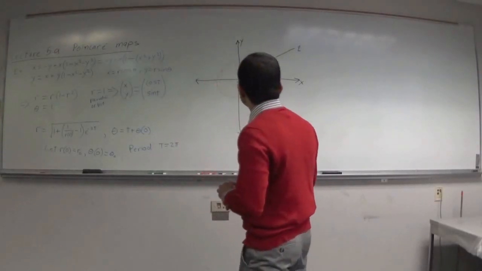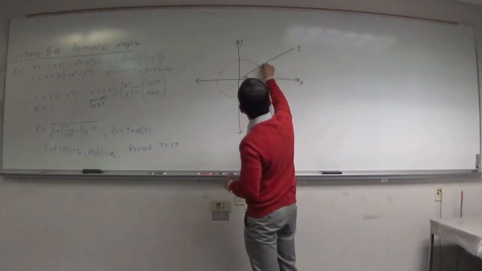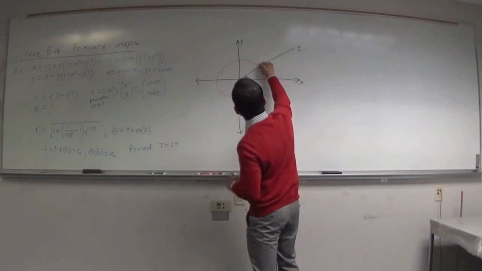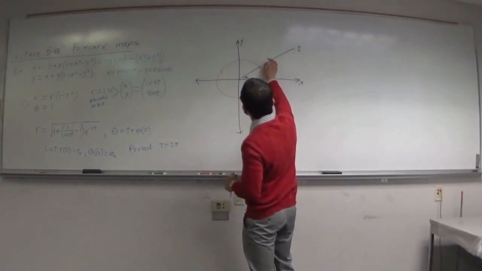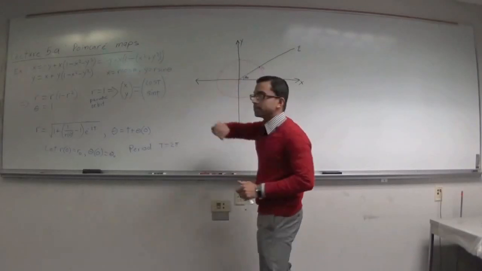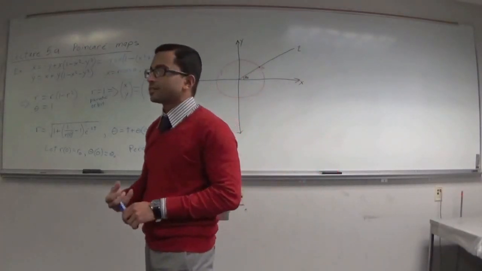So this is what we want to do, right? We want to have a map that goes from here and comes back around and intersects sigma again. So we want to take a map that starts at sigma, goes around, and hits sigma again. But how are we going to do that?